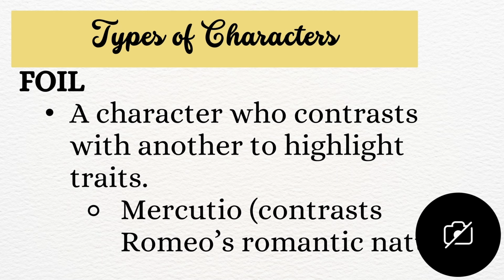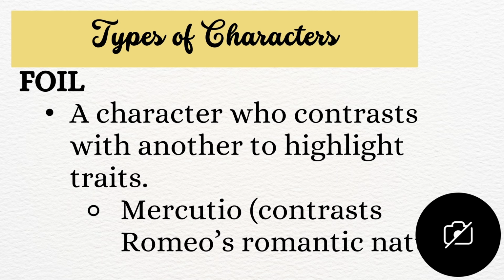So that's how we show foil. In another type of drama, if you're familiar with Pride and Prejudice, Mary, the third daughter, the middle child of five, is the foil to all her sisters, particularly to Elizabeth Bennet, because Elizabeth is outspoken, while Mary is reserved. So that's how foil goes.